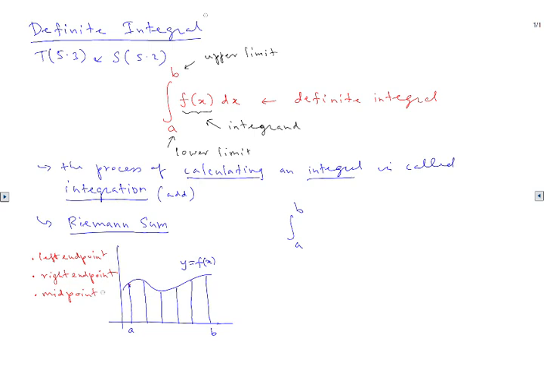You pick the value at each midpoint, or pretty much you can pick any point. So you have a lot of options: left-hand point, right-hand point, midpoint, any point.